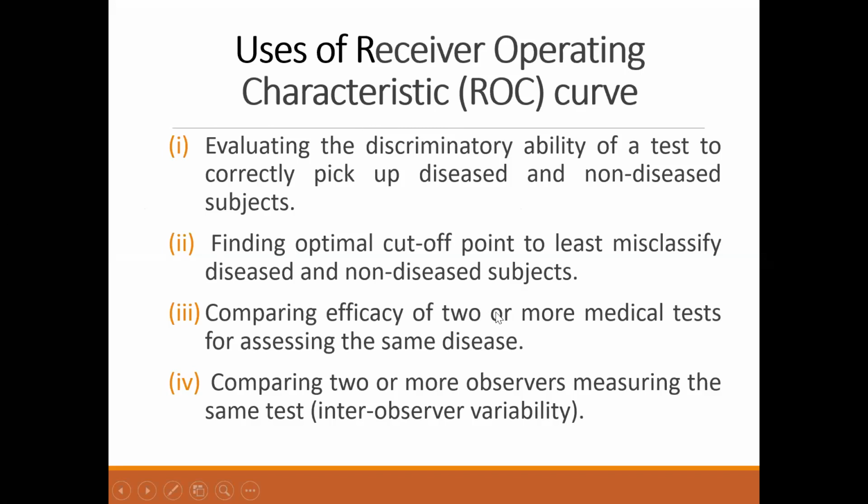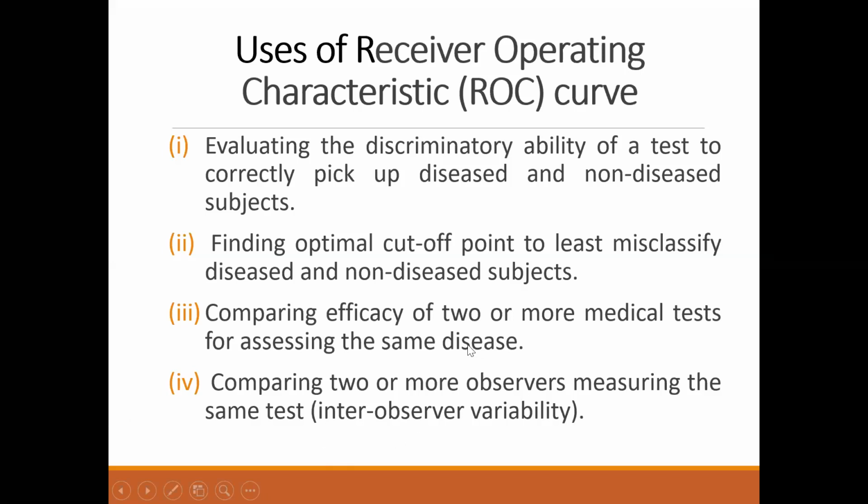Then, comparing the efficacy of 2 or more medical tests for assessing the same disease. For example, for diagnosing COVID, we can have RT-PCR and we have the rapid antigen test. So we can compare 2 or more medical tests and see which shows better results.